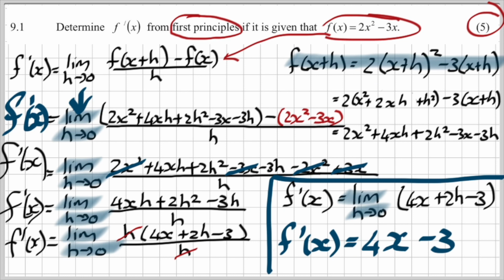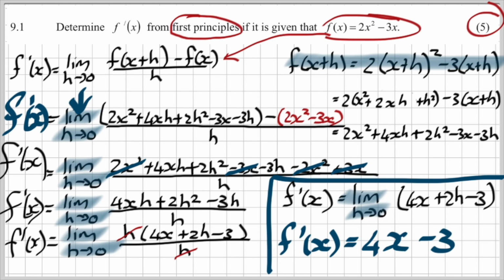Doesn't maybe seem like a lot, but 5% is about 3 to 4 marks in your exam. Don't make silly mistakes. You will get one question like this, so make sure you answer this correctly.